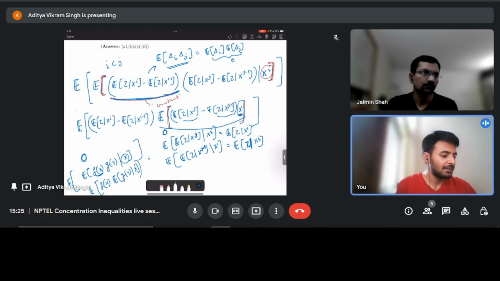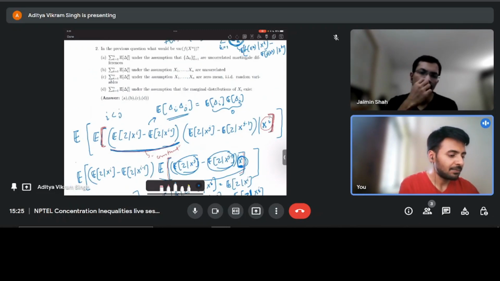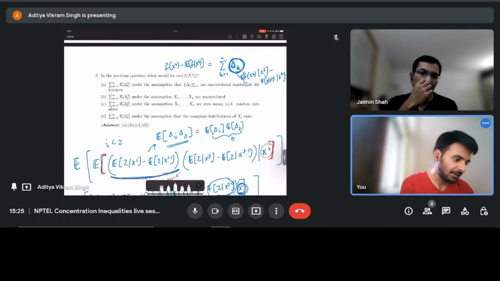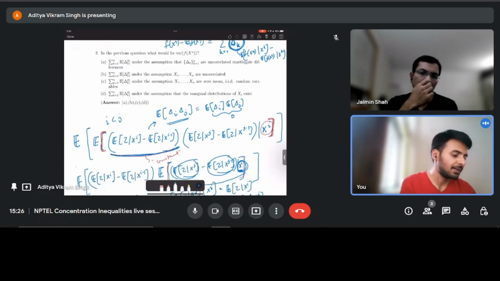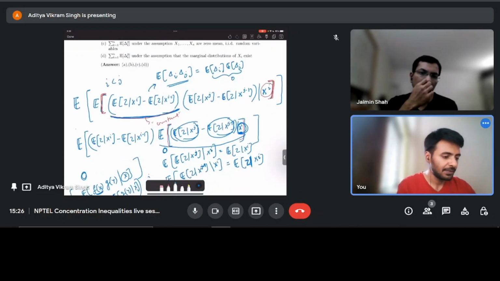And gy has this very specific property that both terms are conditioned on something which is less, so both become equal, and it becomes 0. Nowhere did we use that the xi's or xj's are independent. This is just properties of conditional expectation.